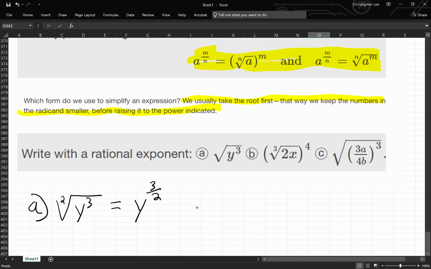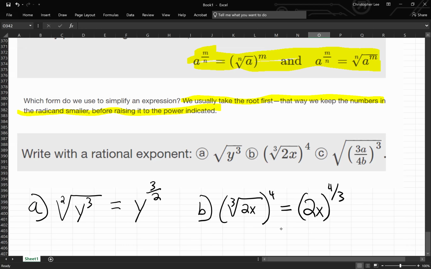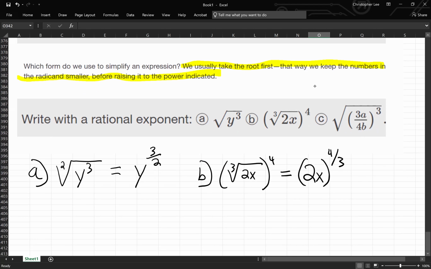All right, what's the answer for B? B is the cube root of 2x raised to the fourth power. This is going to be equal to what? Over 3. Good. That's the answer. All right, how about C? A little bit harder.